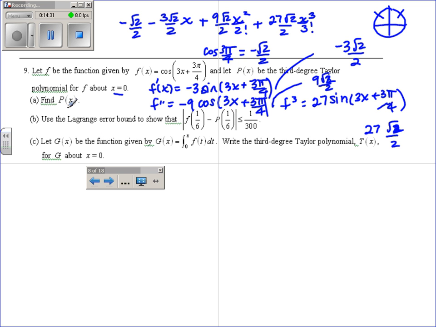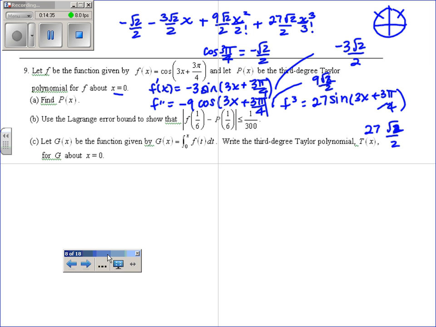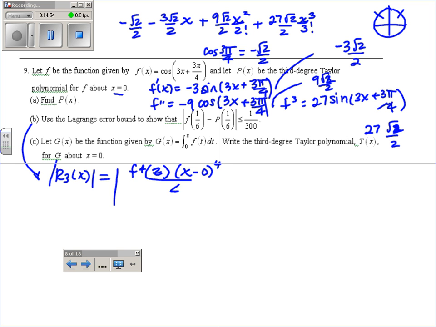Okay, and then this says, use the Lagrange error to show that the error for 1/6 is less than 1 over 300. So this says that the max error for the third degree is going to be the max of the fourth derivative times x minus c, which is 0, to the 4 over 4 factorial.